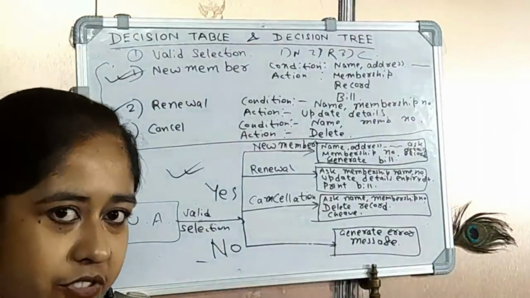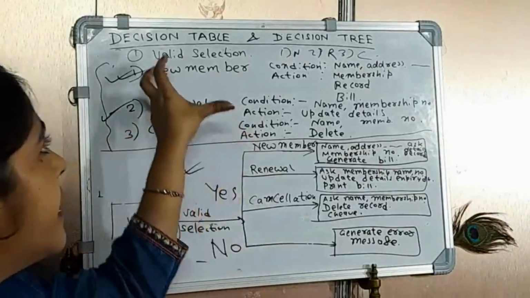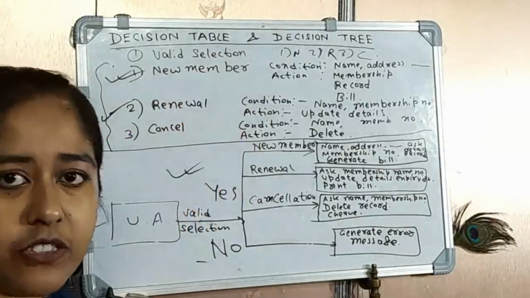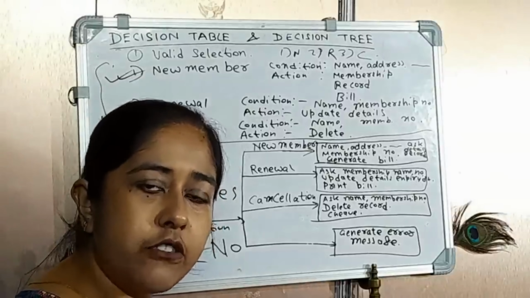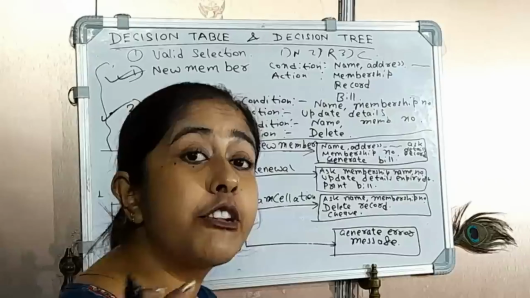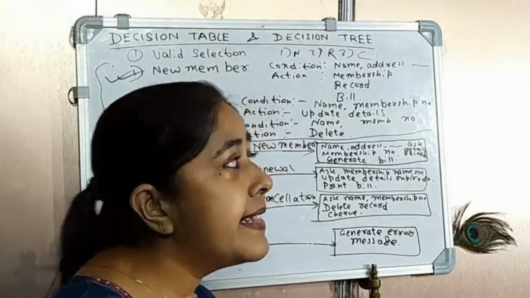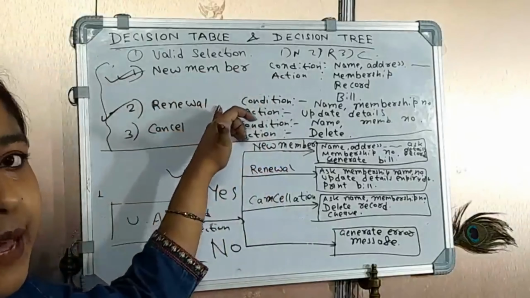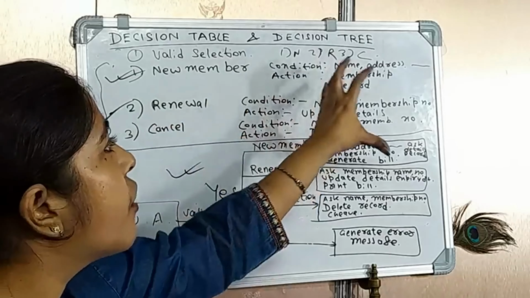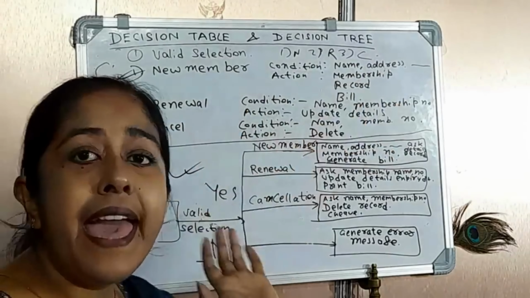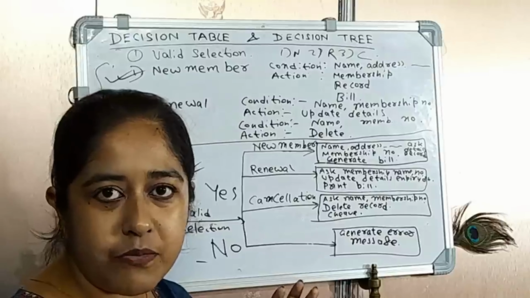Valid means you have some statements, these are my conditions which I have to see. That will be the statements of your software, how it is going to act. These are the conditions fulfilled by my software, and if these conditions are selected, then my software will take these particular actions for all these conditions.